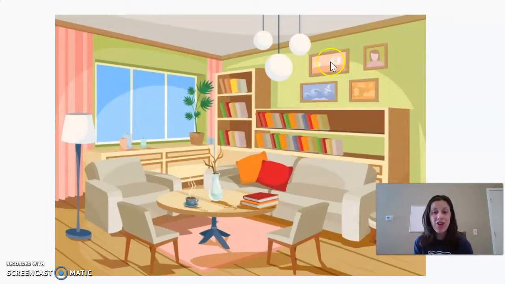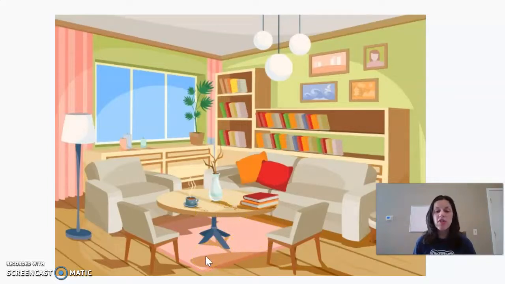This picture, actually all these pictures, are above the bookcase. Now, what about this rug right here? Is this above or below the table? It's below the table, right? It's under the table. The table is over and the rug is under.